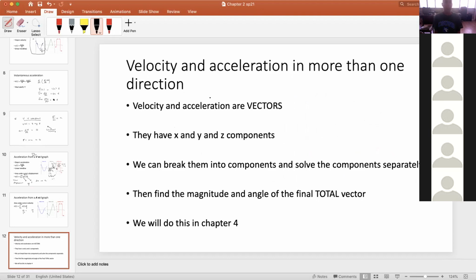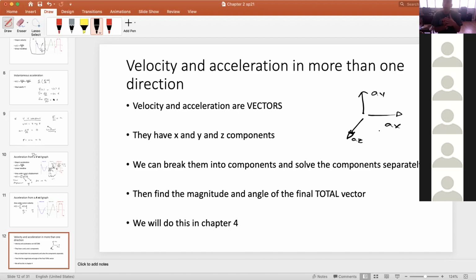Vectors can be broken into their components. So the velocity, the displacement, and the acceleration, we can break all of them up into x, y, z. We can talk about an acceleration in the y, a_y, and an acceleration in the x, and an acceleration in the z, right? We can break a force, which is also a vector, into components. By breaking them up, we can solve them in one dimension, which is what we're going to do for the rest of this lecture.